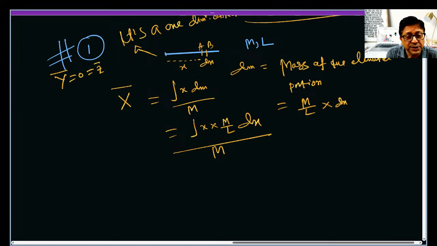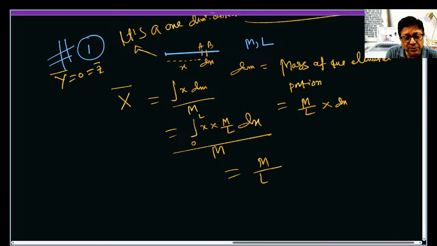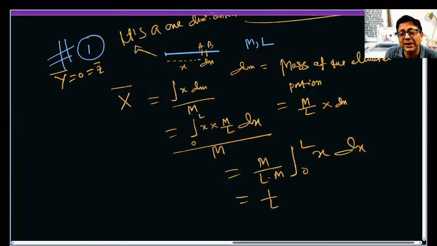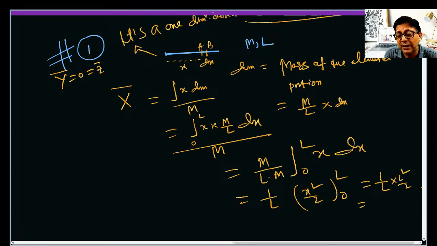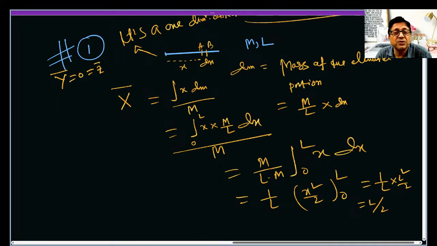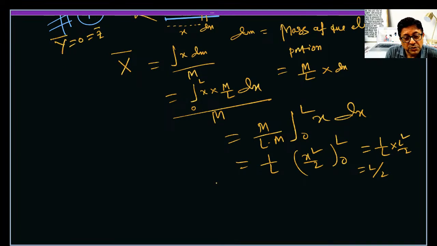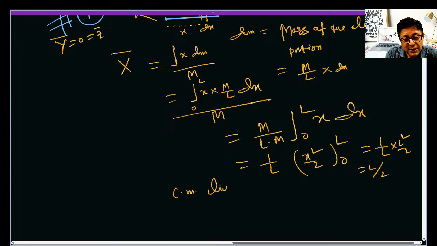You integrate from 0 to L. So m by L is a constant, it will come out, integral 0 to L of x dx, isn't it? So this is 1 by L, integration you know very well. So 1 by L, answer is L by 2. So where does the center of mass of this rod lie? That is at the midpoint for a uniform rod. So CM lies at the midpoint.